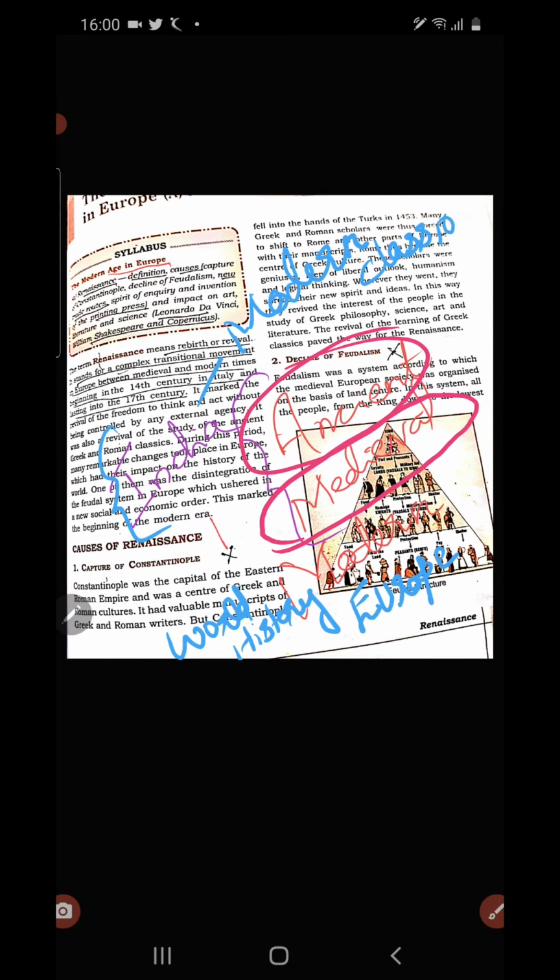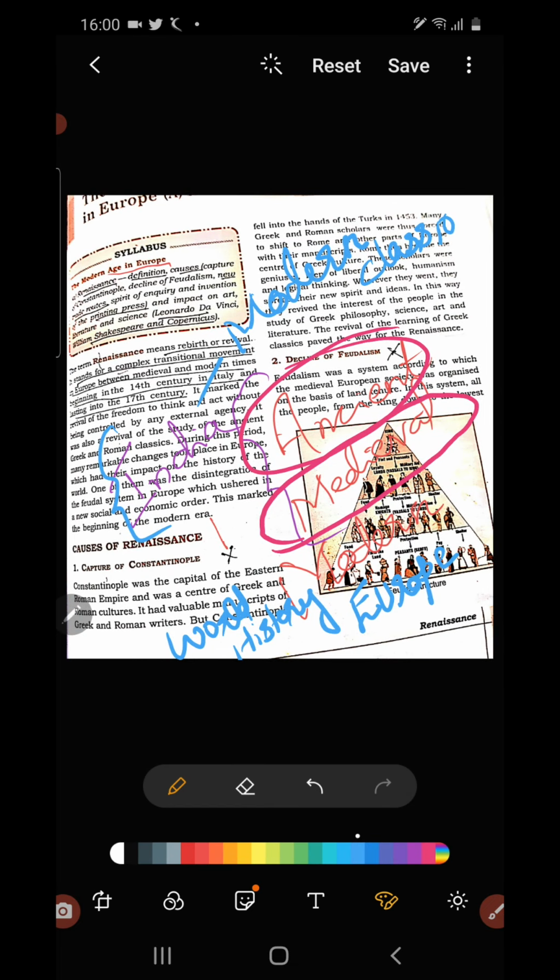It is the European people who first brought changes all over the world. So what are the changes? In order to know about the world history, first of all we have to start studying from the continent Europe. So let us go to Europe and discuss which events took place and brought about changes all over the world.